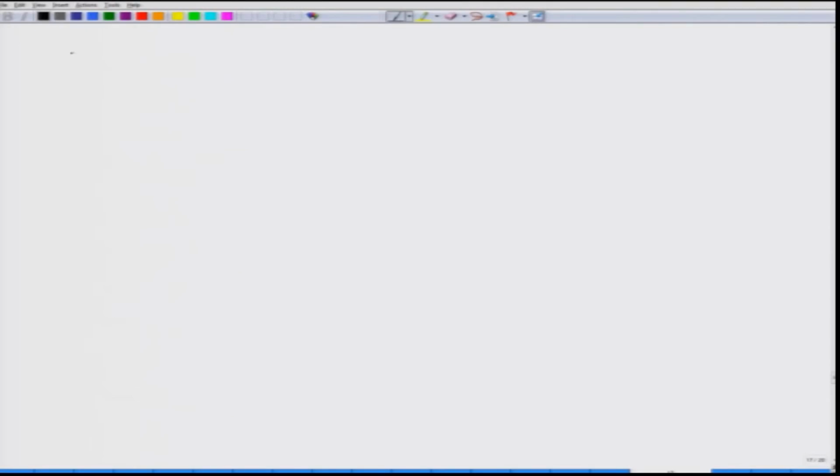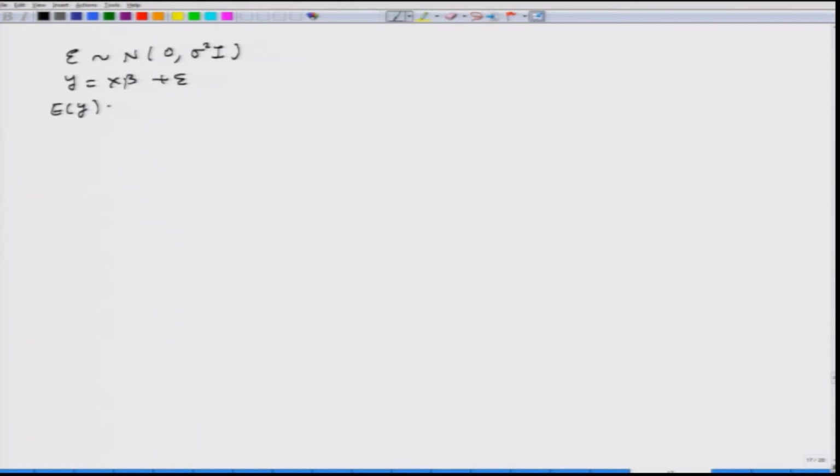We note that we have assumed epsilon follows a normal distribution with mean vector 0 and covariance matrix sigma square I, and y is equal to x beta plus epsilon.